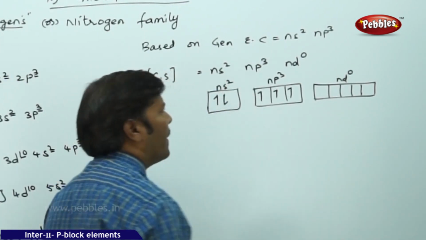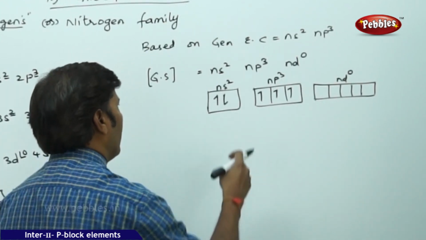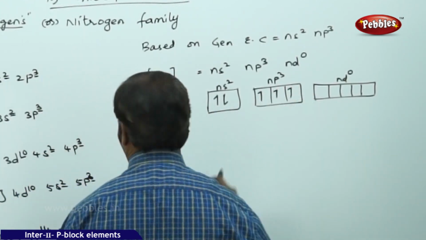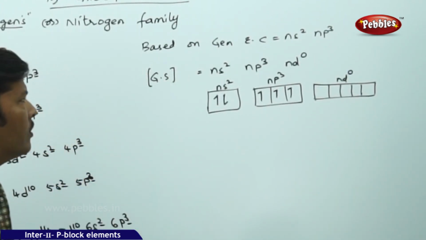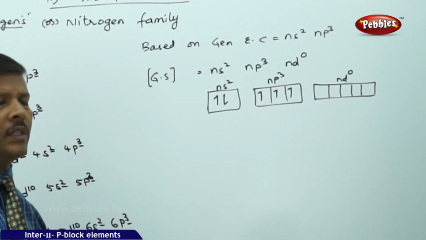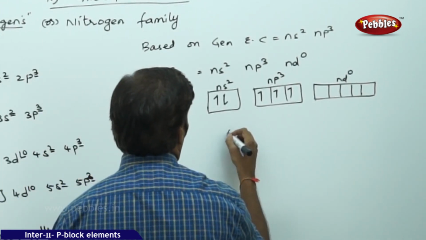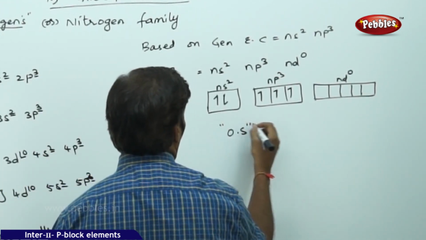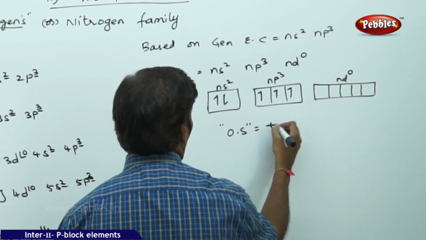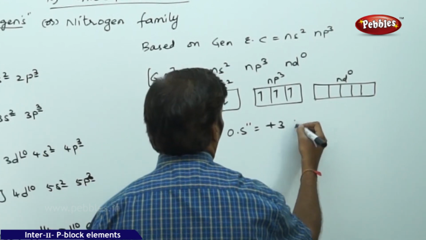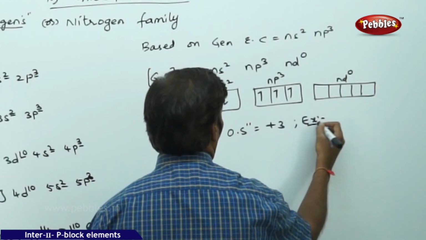Because of the 3 unpaired electrons present in the np orbital, these 5th A group family elements can exhibit a plus 3 oxidation state. OS stands for oxidation state. The best example which can show the plus 3 oxidation state is N2O3, where nitrogen shows plus 3.